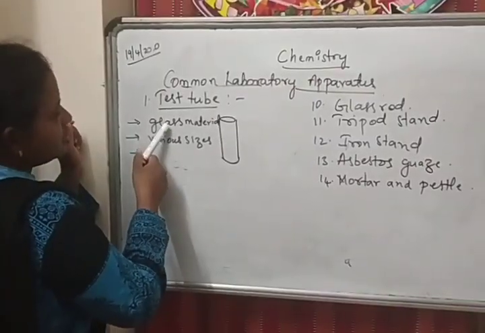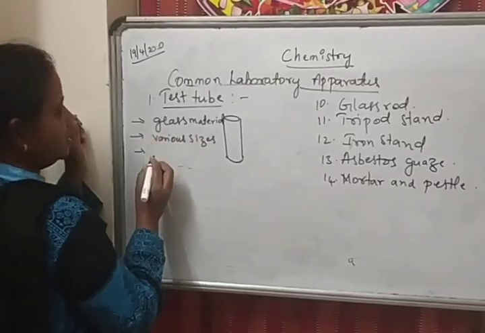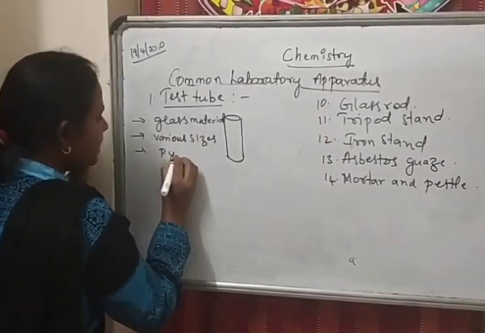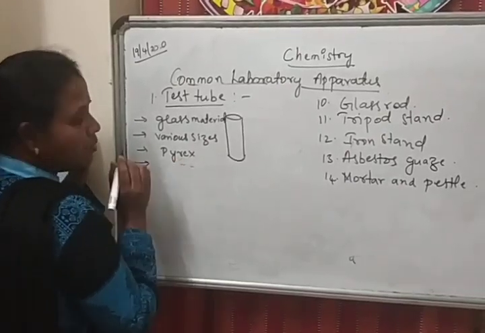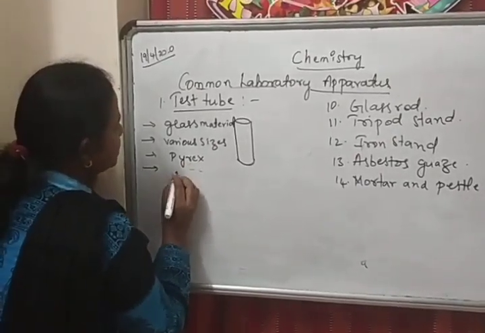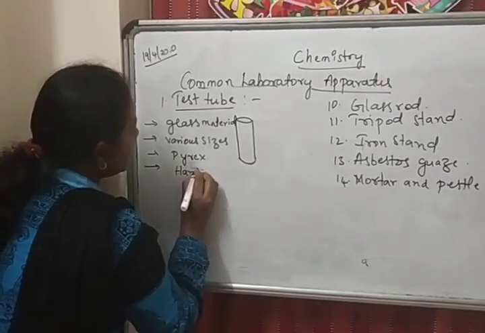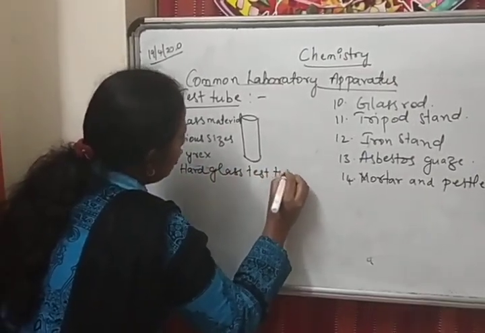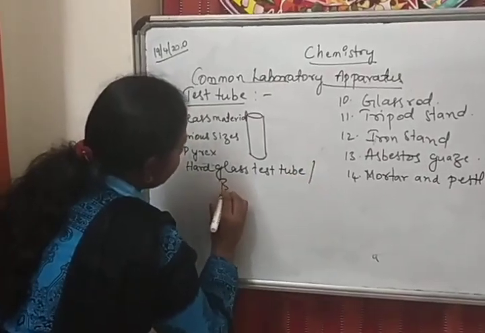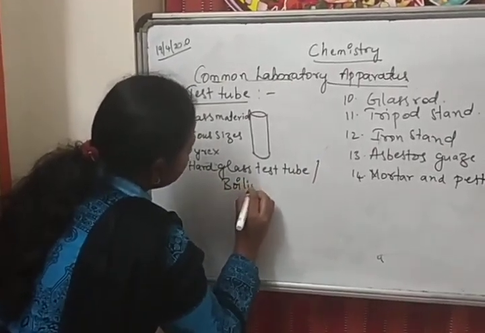And test tube is made up of glass material. One of the glass materials is Pyrex. A test tube made up of Pyrex glass is called a hard glass test tube, or it is also called a boiling tube.